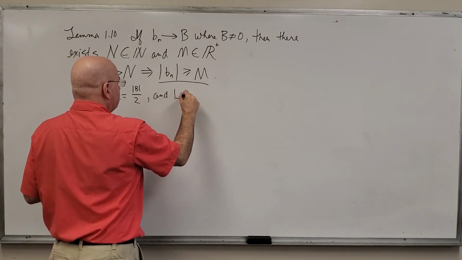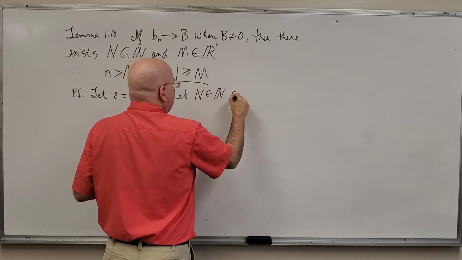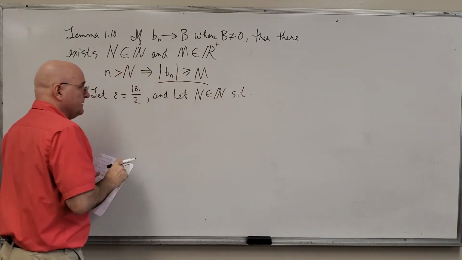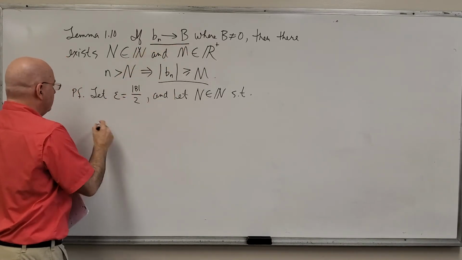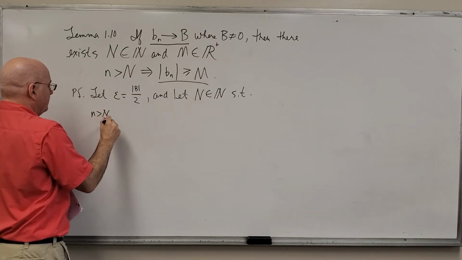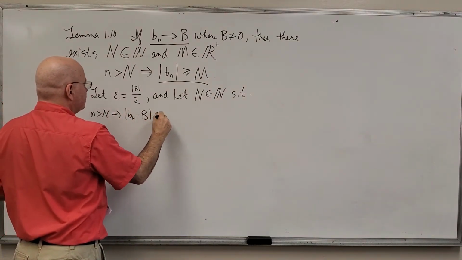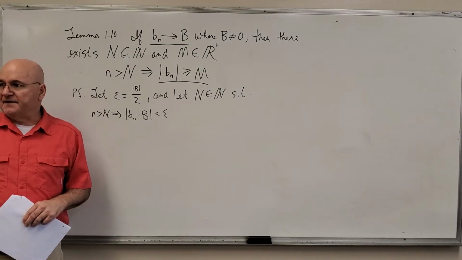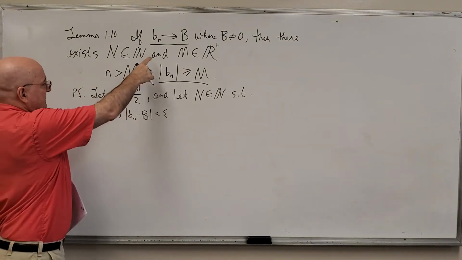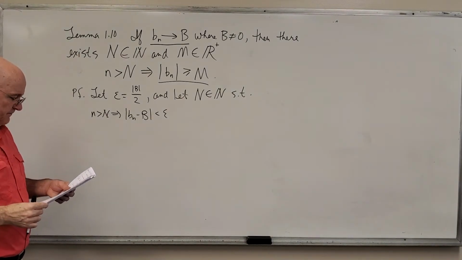And let capital N be the natural number such that, let's use this definition here, n greater than capital N implies the absolute value of bn minus b is less than that epsilon. And the justification for that is simply that bn converges to b. So we know that capital N exists.